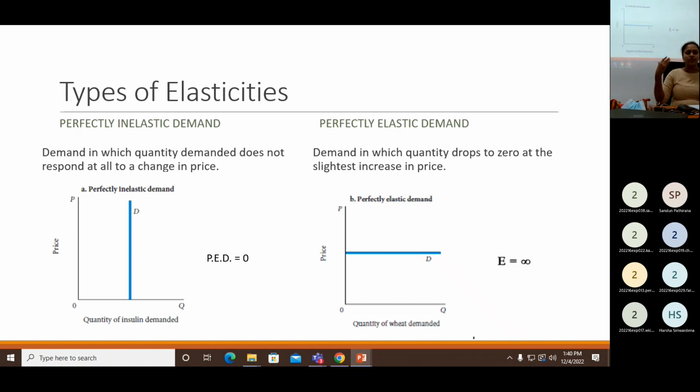And for what sort of products could there be an elastic demand? What sort of products could have an elastic demand? Consumer goods.